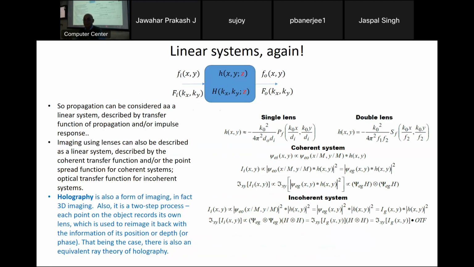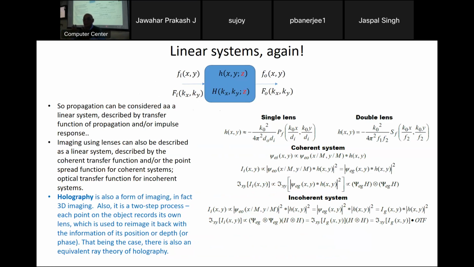Once again, the linear system will be characterized by an impulse response or equivalently a transfer function. That impulse response typically has been called the point spread function. That's another name for the impulse response because it's a no-brainer. It means how much a point spreads.